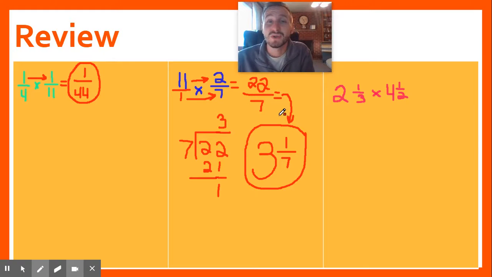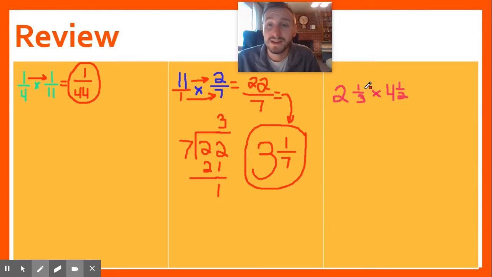All right, so now we want to try this last one. These do take a little bit of time. We have two mixed numbers here, 2 1/3 times 4 1/2. Remember, when you have mixed numbers, the first thing you want to do is change them into improper fractions so that we can work with them.